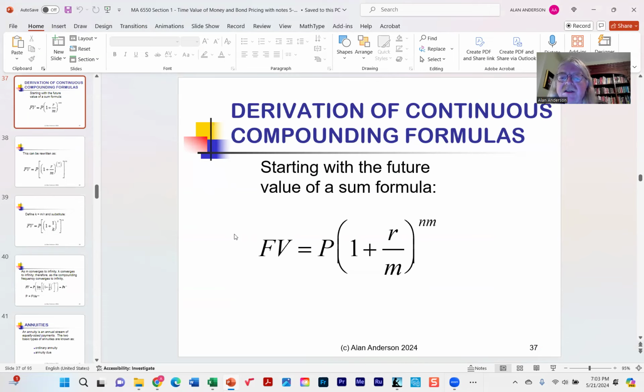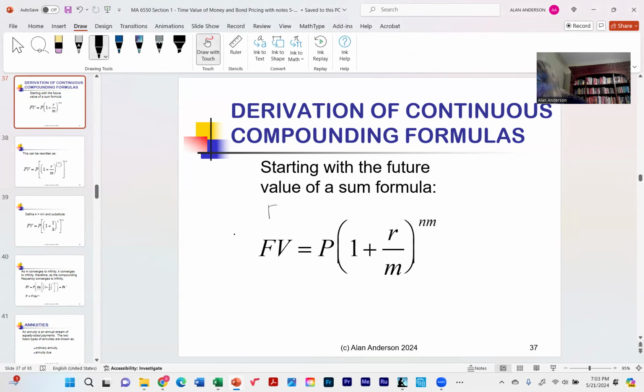Here, what we're basically trying to demonstrate is why the future value of the sum is equal to Pe to the Rn power when we have what we call continuous compounding. In other words, m is equal to infinity. Sorry, not n, m, as m is the compounding frequency.